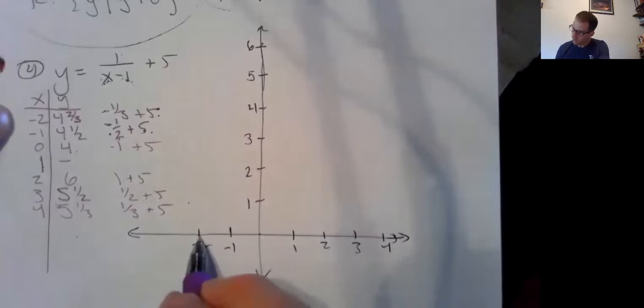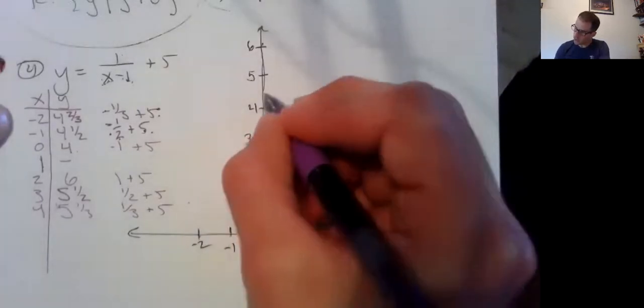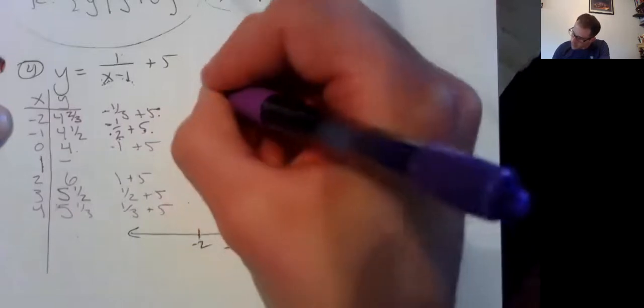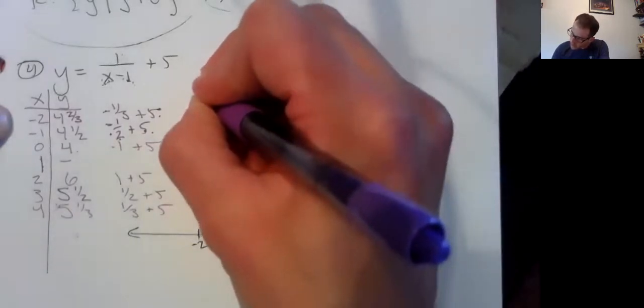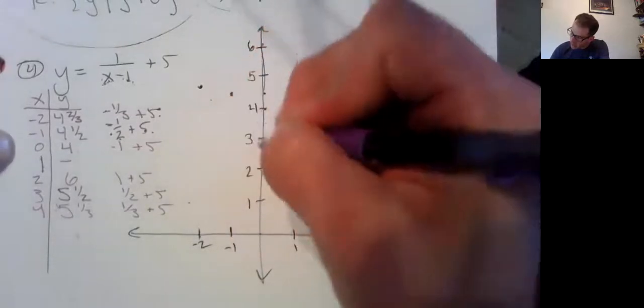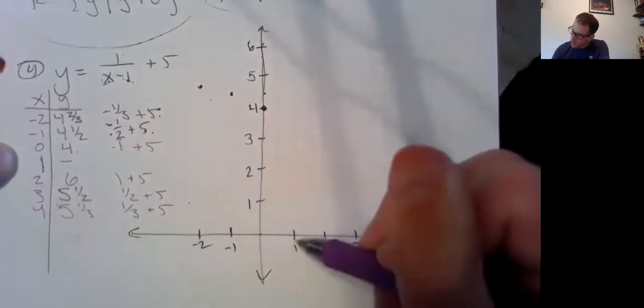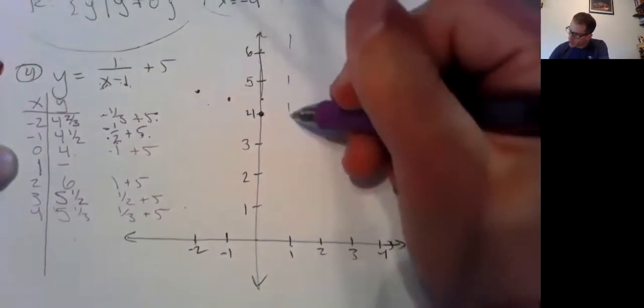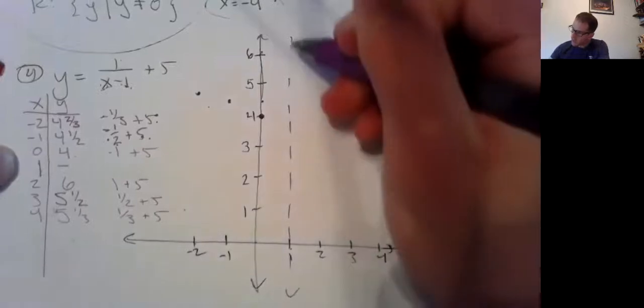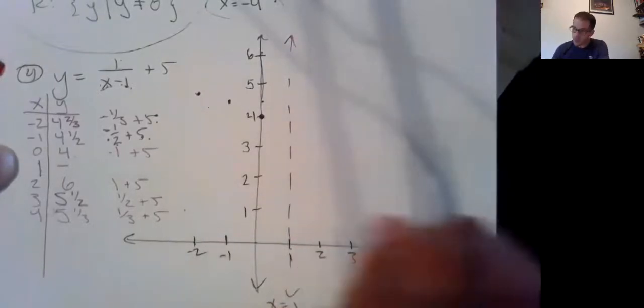-2, 4 2/3. Well, if this is 4.5, then 4 2/3 is going to be a little bit above it. -1 is directly at 4.5, and 0 is on 4. When I have x is 1, I have my vertical asymptote, dashed line, x equals 1.